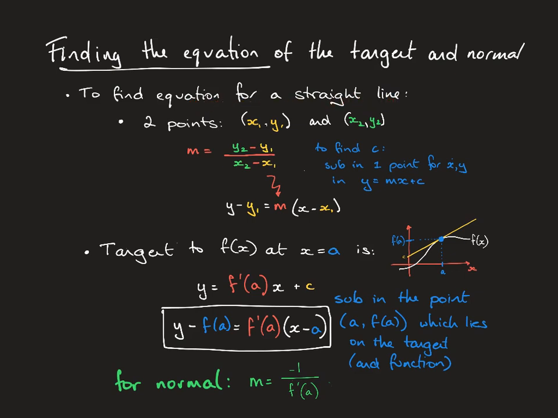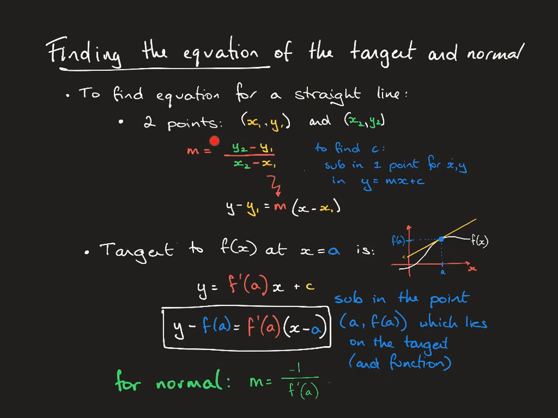So to find the equation for a straight line, you need 2 points, or you need the gradient and 1 point. So we've got 2 points here, x1, y1 and x2, y2. So point 1, x and y value, point 2, x and y value. And so to find the gradient, you do y2 minus y1 over x2 minus x1.